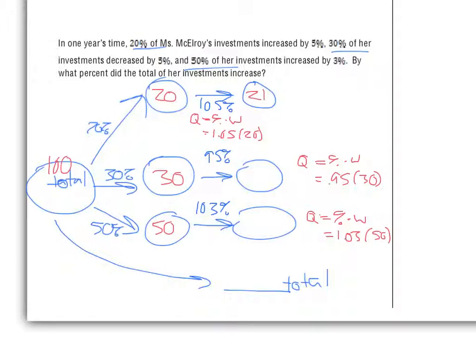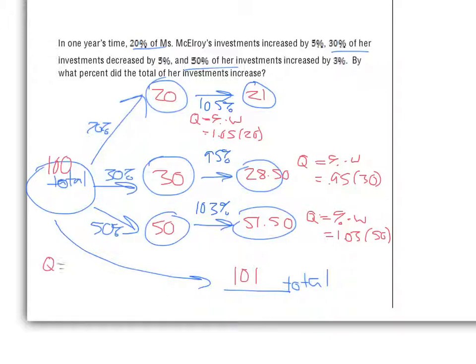For this one in the middle, the 30%, we get $28.50. And for the one on the bottom, we get $51.50. And so when we total that all up, we can see that we are actually going to end up with $101.